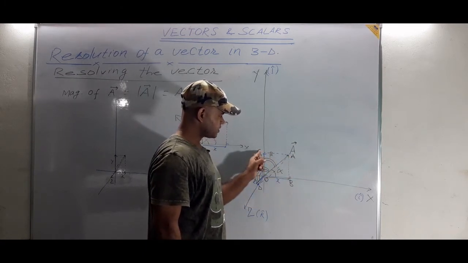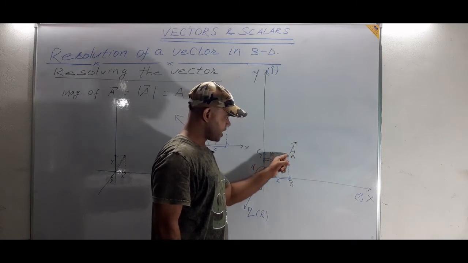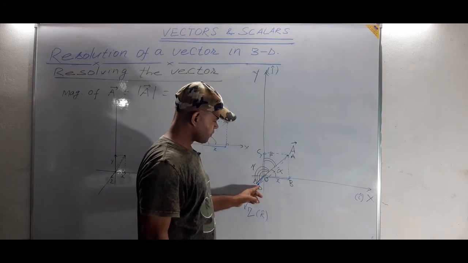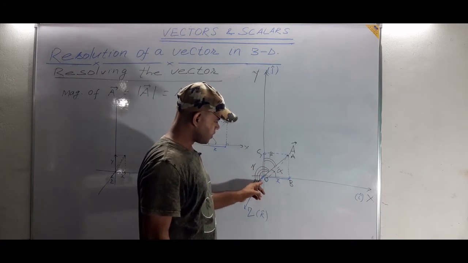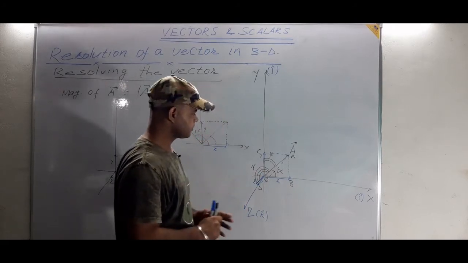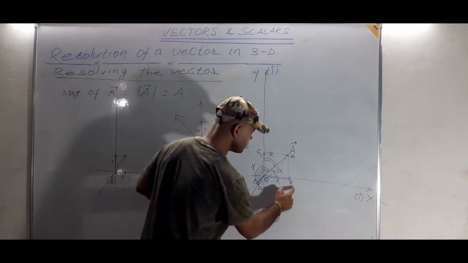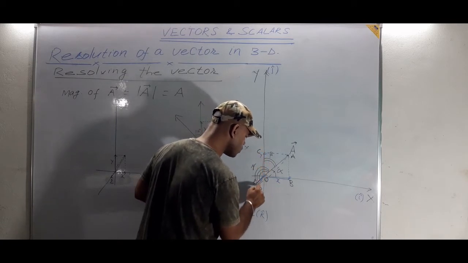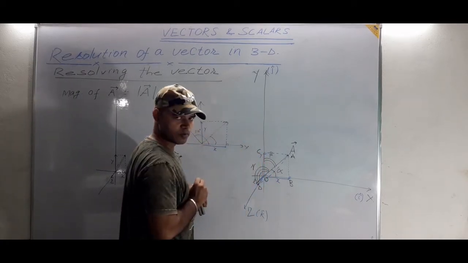C is the point of intersection of the perpendicular from the head of the vector with the y-axis. D is the point of intersection of the perpendicular from the head of the vector with the z-axis, right? So OB will be the x component, OC will be the y component, and OD will be its z component.